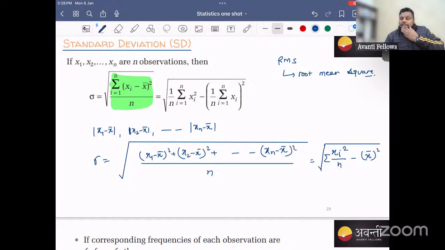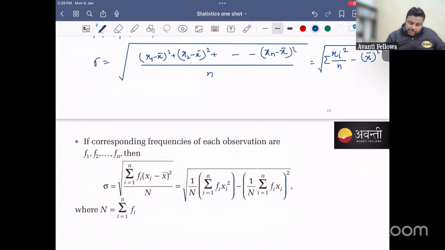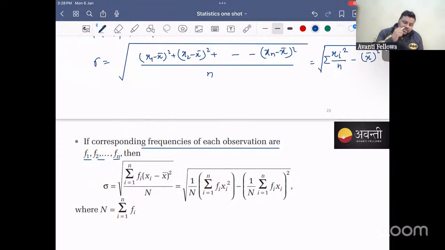Now, if the corresponding frequencies for each observation are f1, f2, f3, up to fn, then standard deviation is the square root of sigma fi (xi minus x bar) whole square, divided by the sum of all the frequencies. Very, very important.